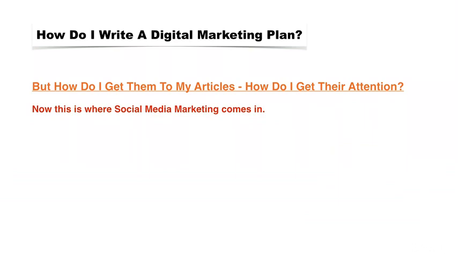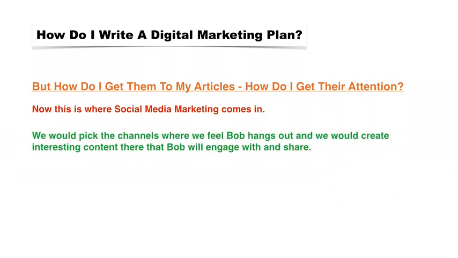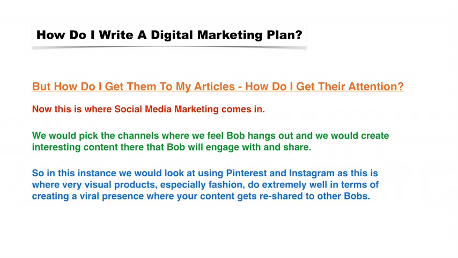This is where social media marketing comes in. We would pick the social channels where we feel Bob hangs out, and we would create interesting content there that Bob will engage with and share. So in this instance, we would look at using Pinterest and Instagram, as this is where very visual products, especially fashion, do extremely well in terms of creating a viral presence where your content gets reshared to other Bobs.